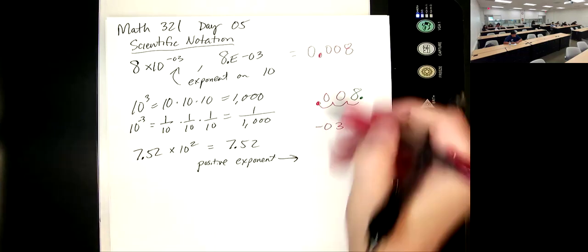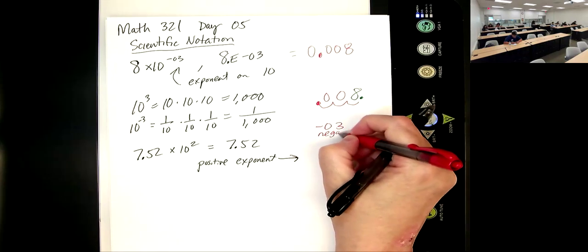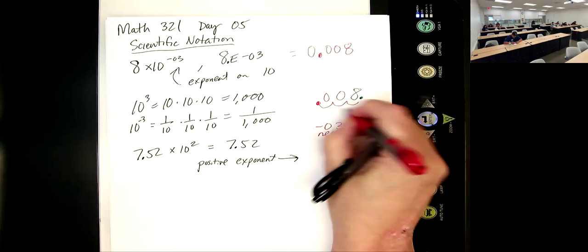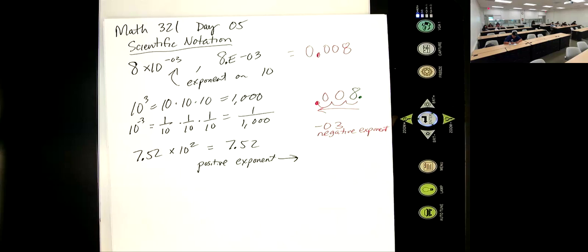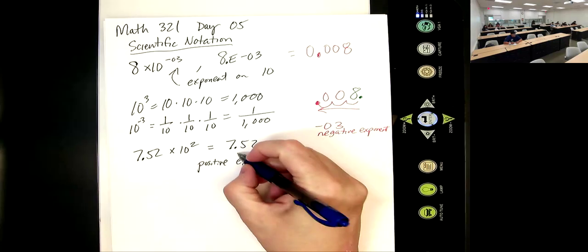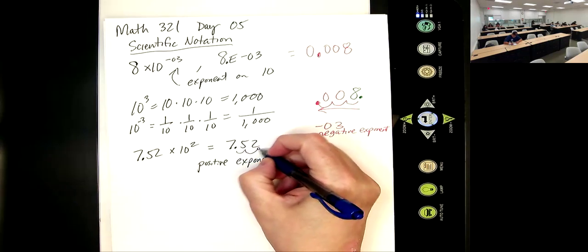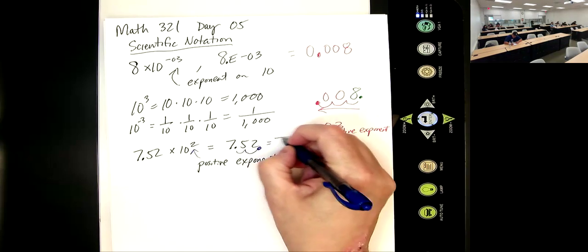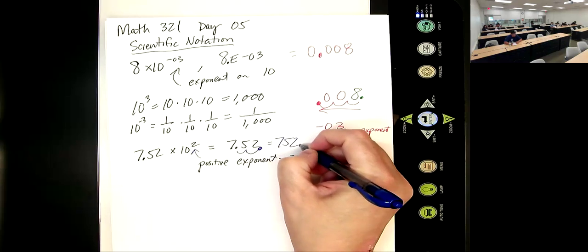And as I was saying up here, a negative exponent moves it left. So if I move this right 2 times, the number of times it says, I would now have 752.